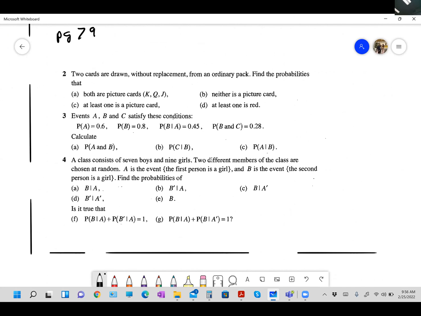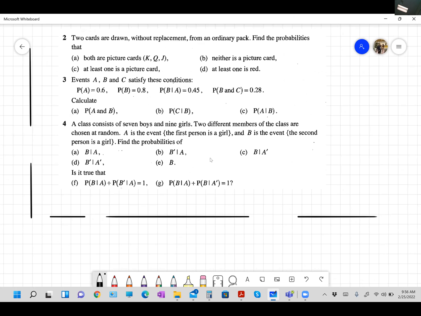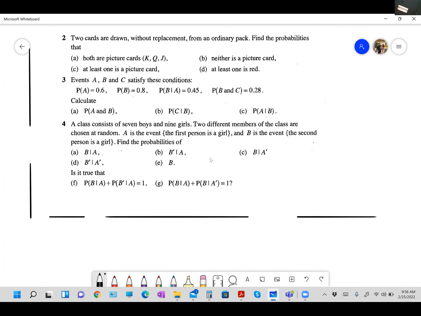So let's try and answer number 2. Let's begin with 2A. It says probability both cards are picture cards. So we say probability of pick and pick. Here's how I would do this problem.